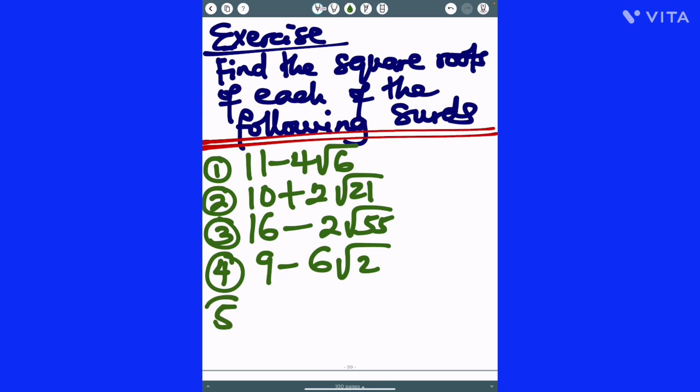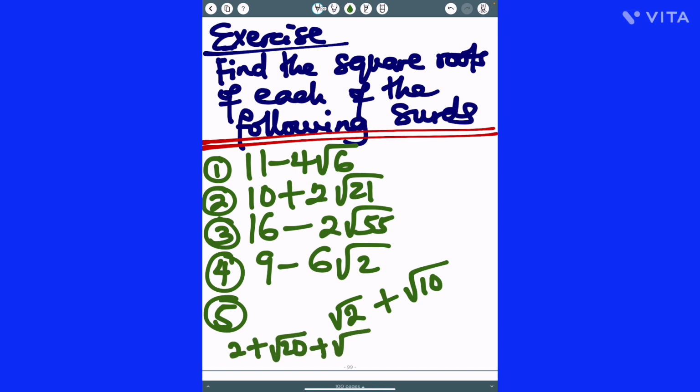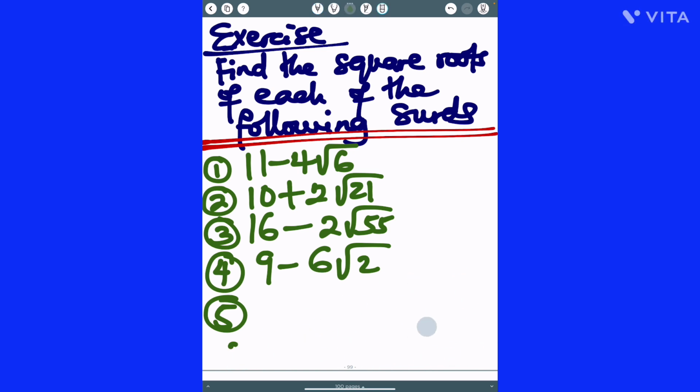So for the fifth one, let us square root 2 plus root 10. Root 2 times root 2 will give us 2. Root 2 times root 10 will give us root 20. In the middle, there's another root 20, plus 10. So that's 12 plus 2 root 20. Is that clear? Let's now simplify root 20.